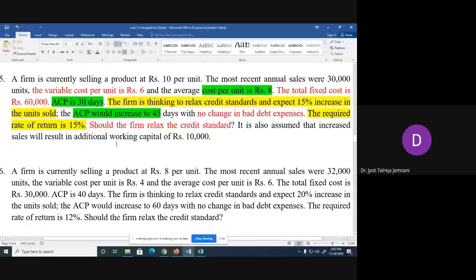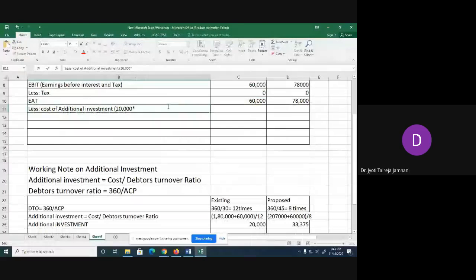See here, the required rate of return is 15%. That means this is the cost of your investment. So 15% we are going to calculate of 20,000. How much do you get?